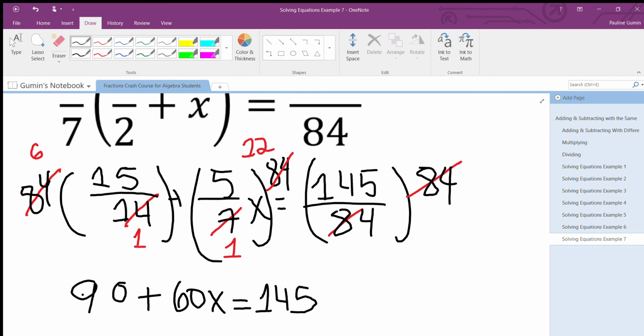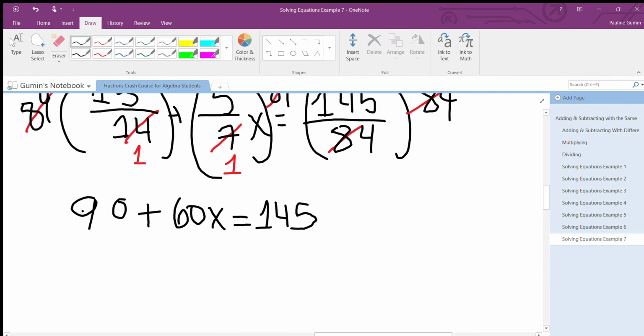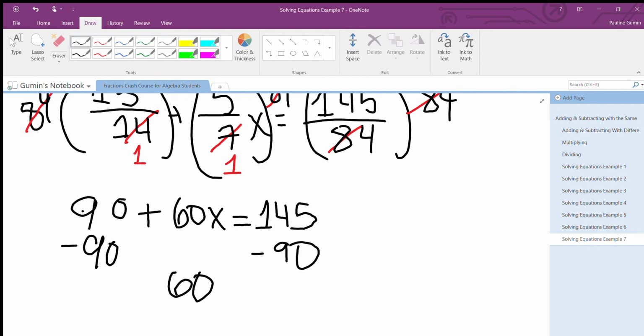I'm going to multiply 15 times 6 on my calculator to make sure I did it right. I did. Why am I like this? So much self-doubt. Alright, let's subtract 90 from both sides. So we have 60x equals 55.